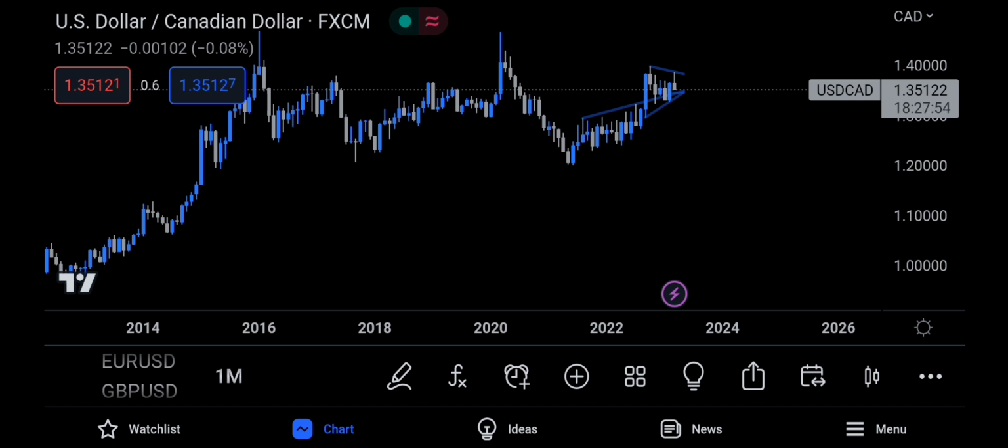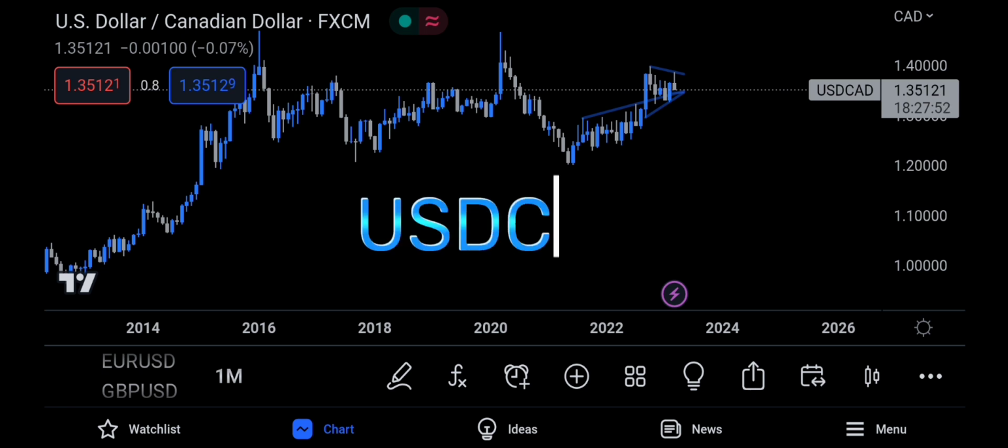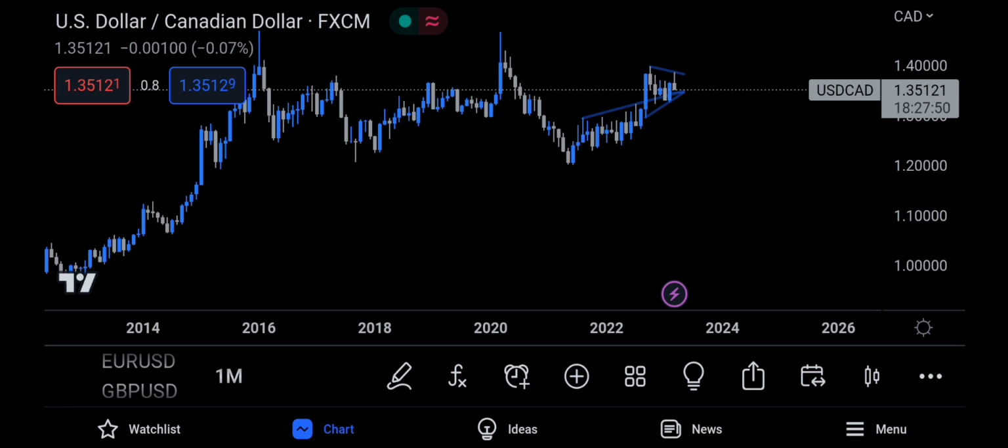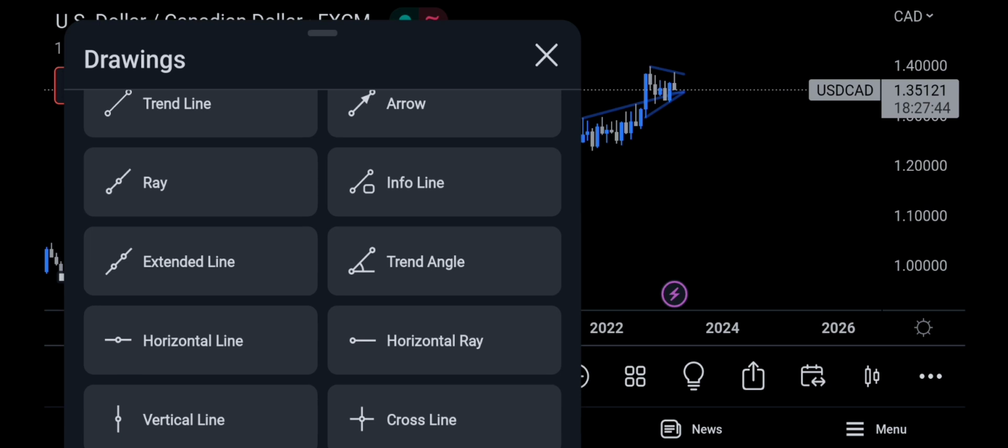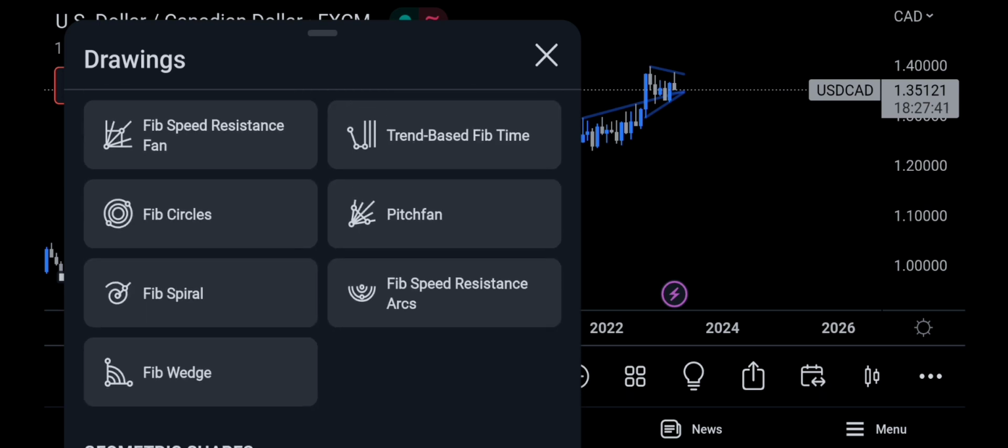Today we'll be discussing USD CAD for a possible trading opportunity. If you start from the monthly time frame, we've been banded in a range, which is this channel.